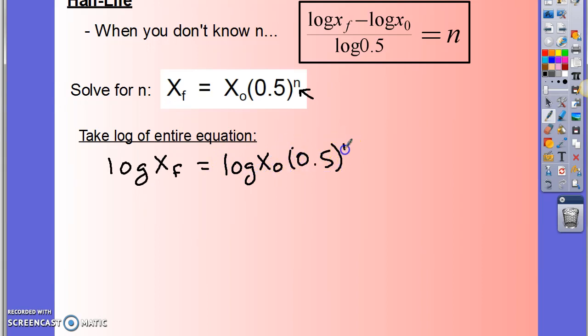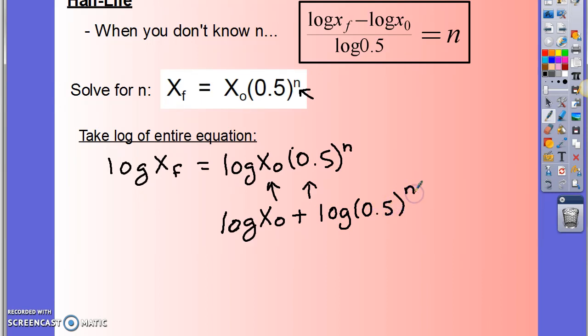0.5 to the n. So using log rules, when two things are multiplied, which this is multiplied by this, when you take the log of them, you can separate it into two separate terms that are added together. So log x0 plus log 0.5. And we still have this n here. So that's the first log rule that we're using.